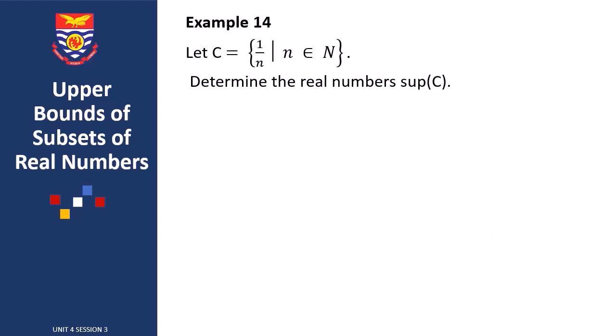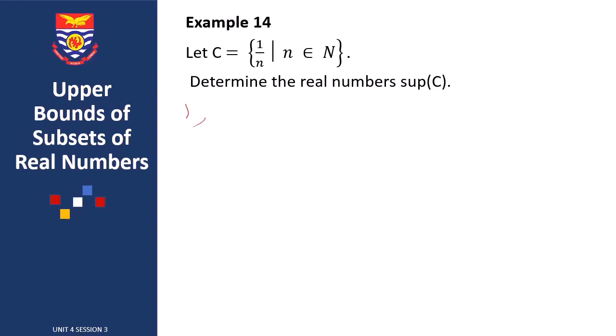Let's see example 14. You have C equals 1 on n, where n is a natural number. We want to determine the sup of C. So let's see the set of natural numbers that correspond to 1 on n. Natural numbers start from 1. I put 1 inside, I get 1.